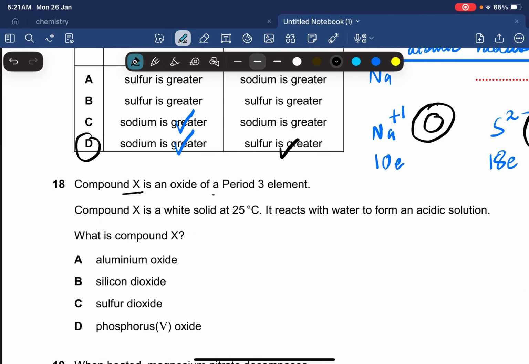Compound X is an oxide of a period 3 element. Compound X is a white solid at 25 degrees Celsius. This means not a liquid, not a gas.